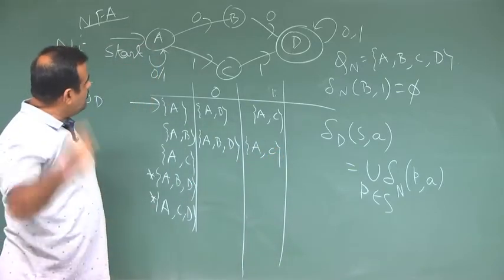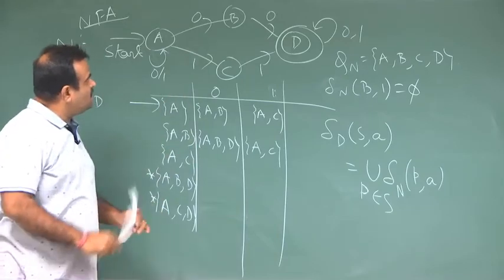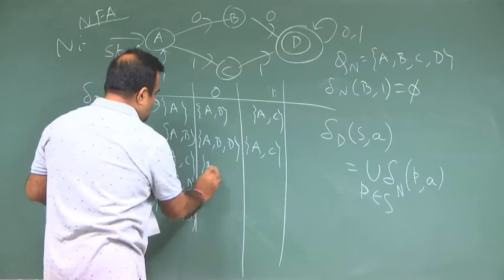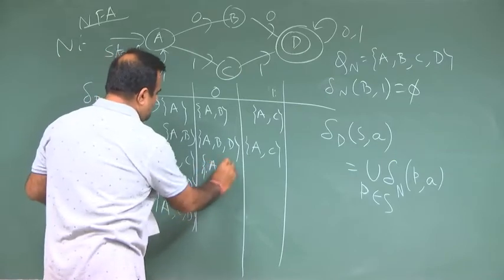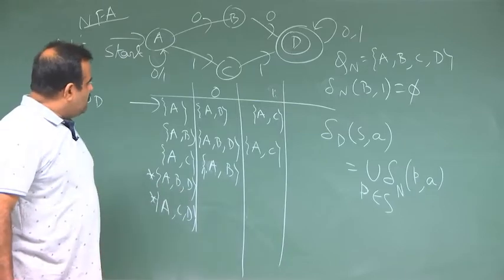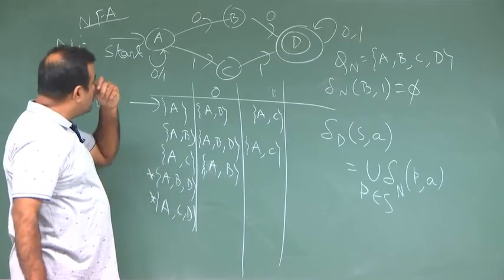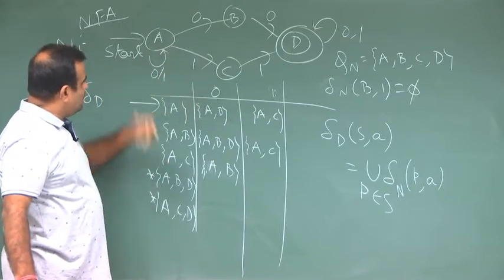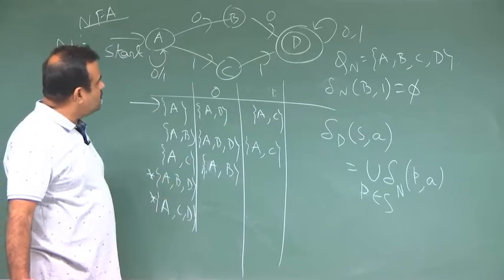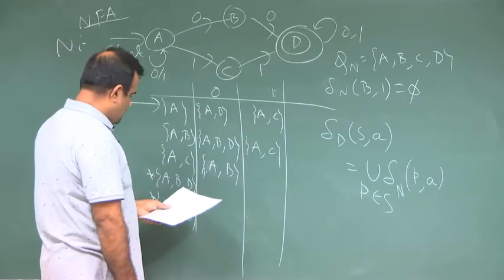Now, from AC if we take the 0 move, from A we are going to AB, and from C with the 0 move there is nothing. So, this is going to AB. Okay, now with the 1 input, from A with 1 we are going to AC, and from C we are going to D. So, this is ACD.